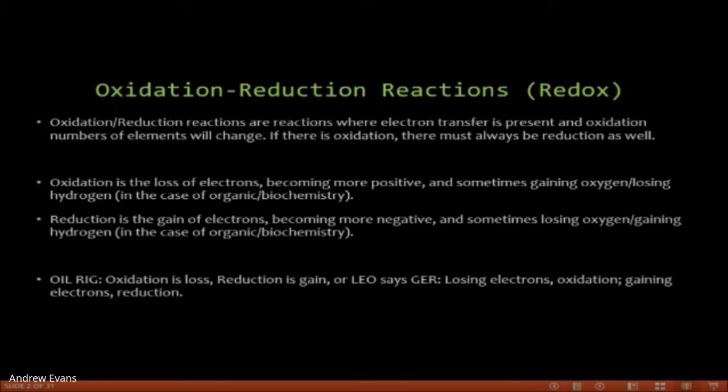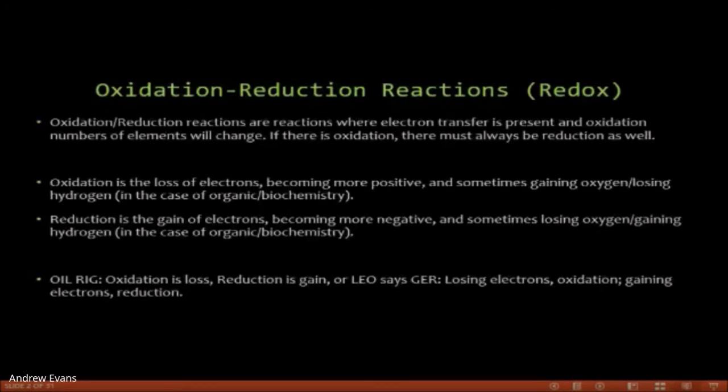Reduction is then just the opposite. We're reducing the charge. The element is becoming more negative. If it's organic, it may be losing an oxygen. It may be gaining some hydrogens. That's often a way we can reduce something in organic chemistry. Now, an easy way to remember this is the mnemonic OIL RIG.